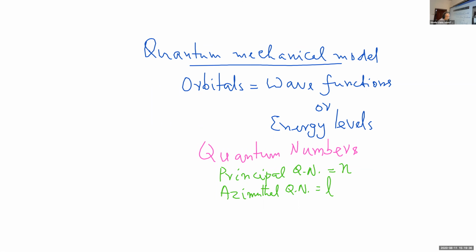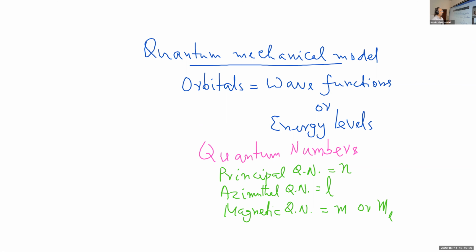And one more, called the magnetic quantum number, shown by m, or you can write it as m subscript l, ml, or simply remember m, that will do.